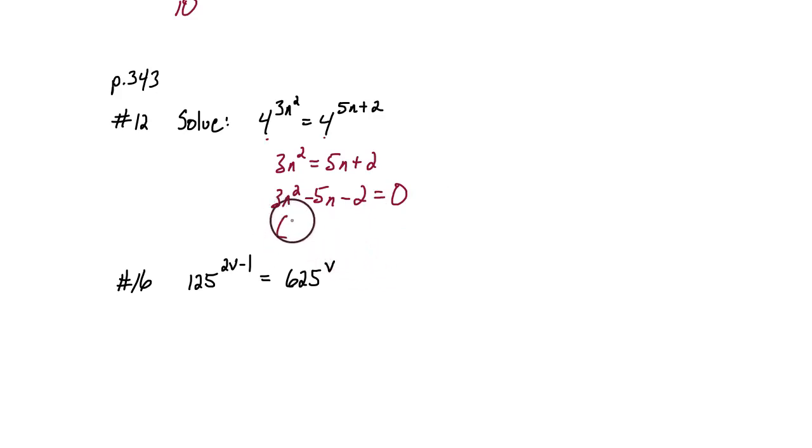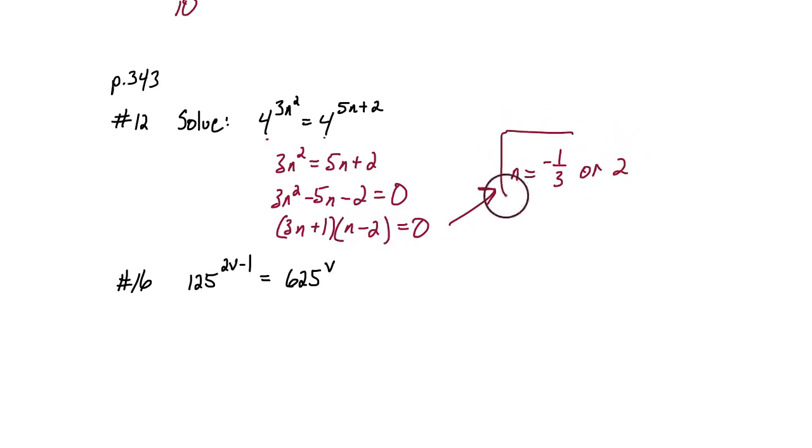Let's try factoring. Then we can solve for n. In the first group of parentheses, we get negative 1/3. In the second set of parentheses, n is 2.